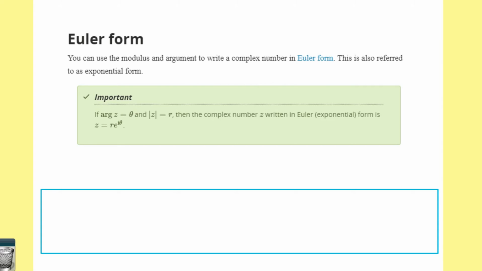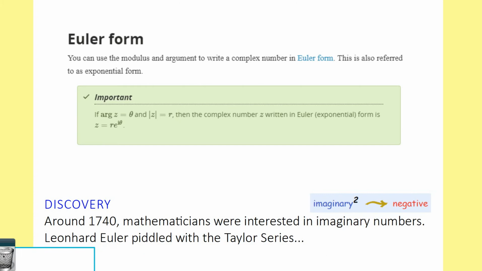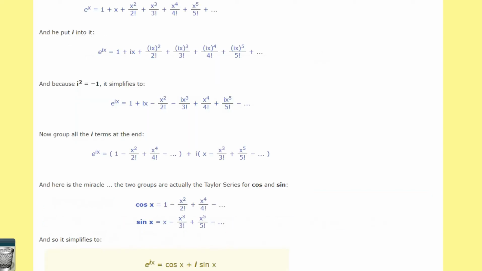Okay, in case you wanted to know, a little backstory. Around 1740, that's when they started getting into imaginary numbers, and then they started realizing that when you square an imaginary number, it's negative. So Euler started playing with the Taylor series, and I'm not the best at describing this stuff.